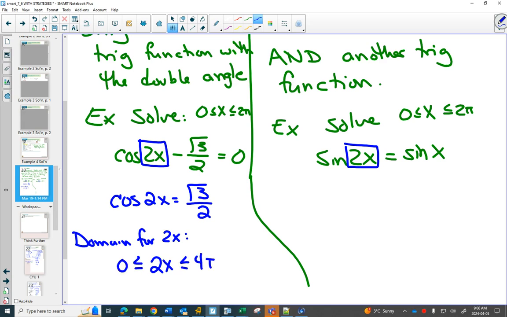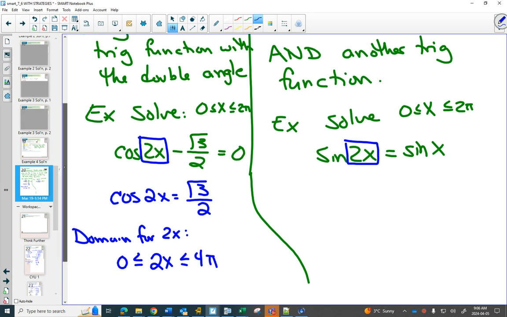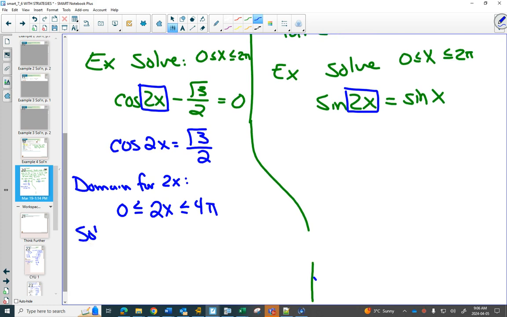Now 2x would be between 0 and 4 pi. And we solve for 2x. Well, root 3 over 2 is on your pi plate. That's part of your pi over 6 family, in quadrant 1 and in quadrant 4, because that's where cos is positive.